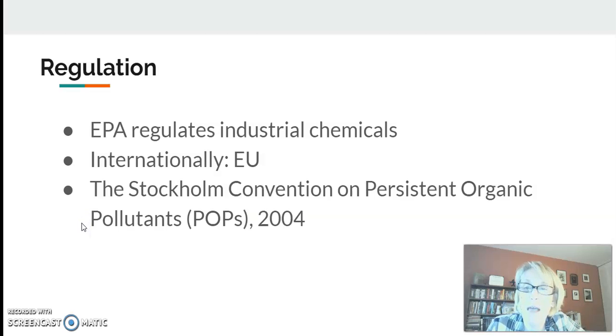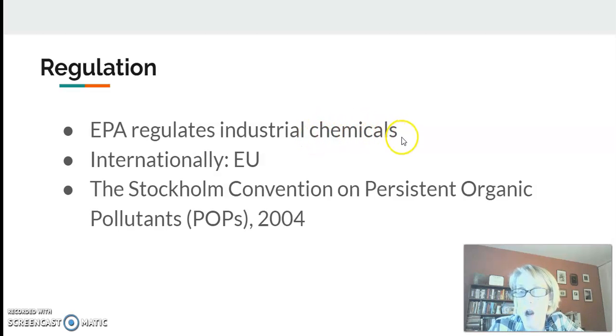Okay. And I just wanted to briefly mention regulation. So there are regulations for various chemicals. Part of the problem is keeping up with especially new chemicals, and also chemicals that are really old that have been kind of grandfathered in that we may have been using and not really had data on. But the EPA, the Environmental Protection Agency, regulates industrial chemicals in the U.S. So this would include things like pesticides.